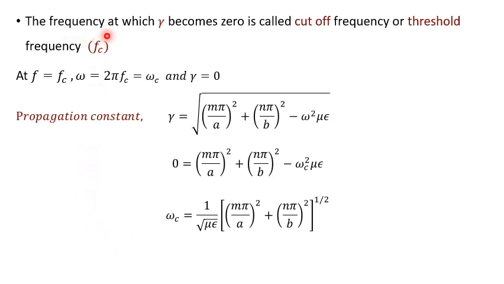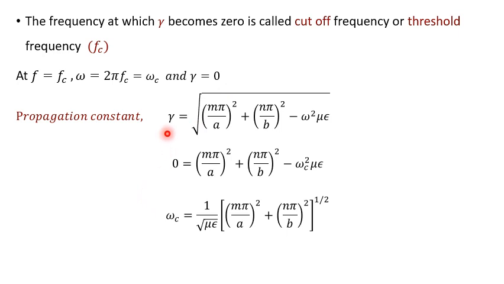The frequency at which gamma becomes 0 is known as the cutoff frequency or the threshold frequency, denoted as fc. At f equal to fc, omega will be equal to 2 pi fc, so you can write it as omega c, and gamma will be equal to 0.